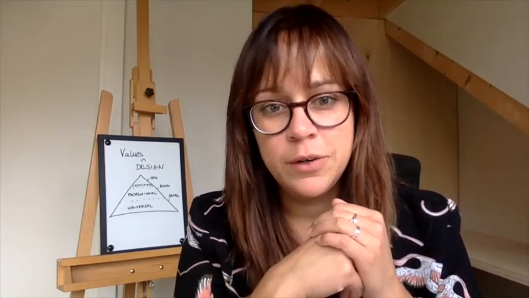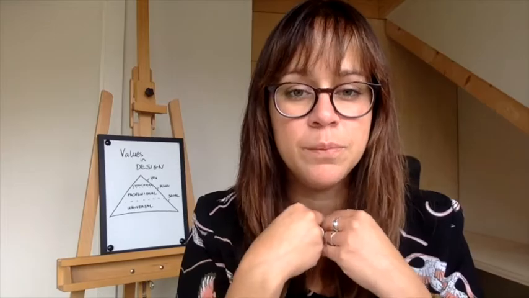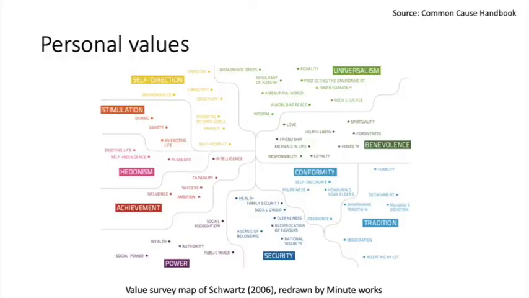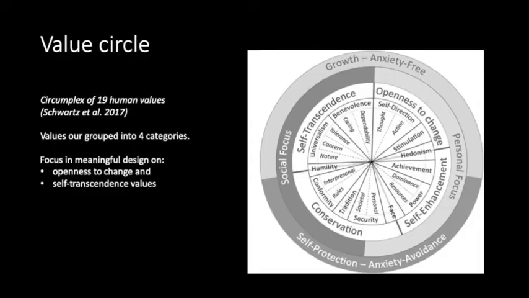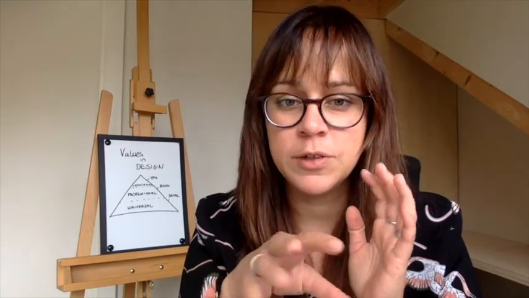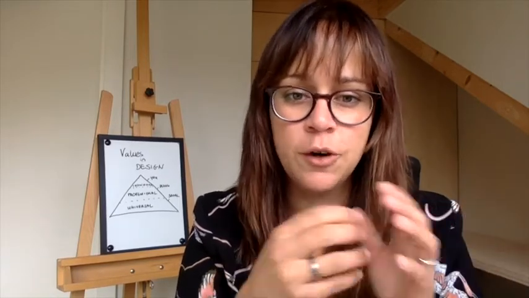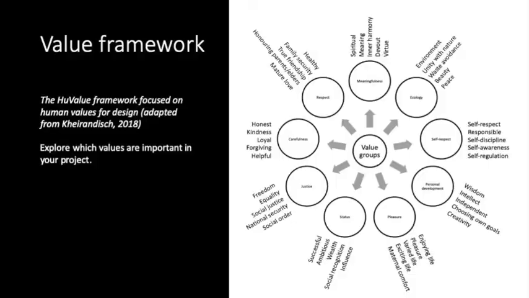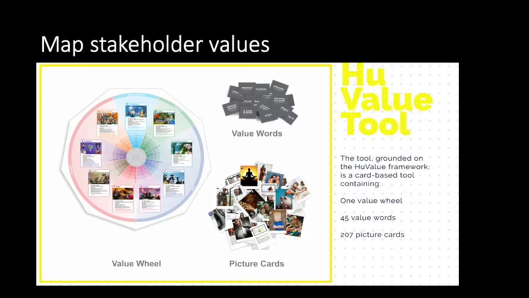After this video, you start with identifying your personal values using the value map or the value circumplex. So identify, highlight which resonate with yourself, and then select a top 3 for this project that you want to work on. Then you map the stakeholder values using the value wheel.